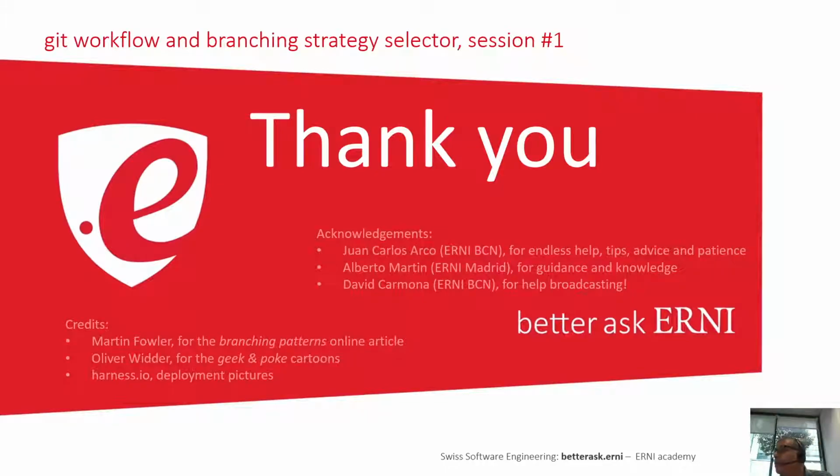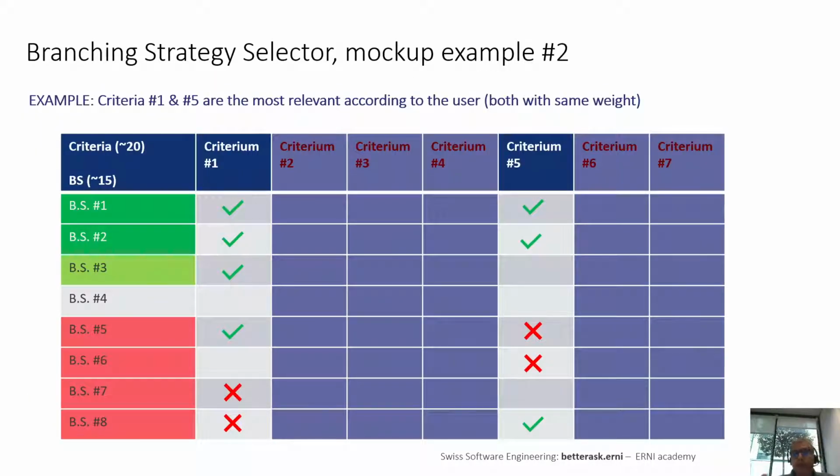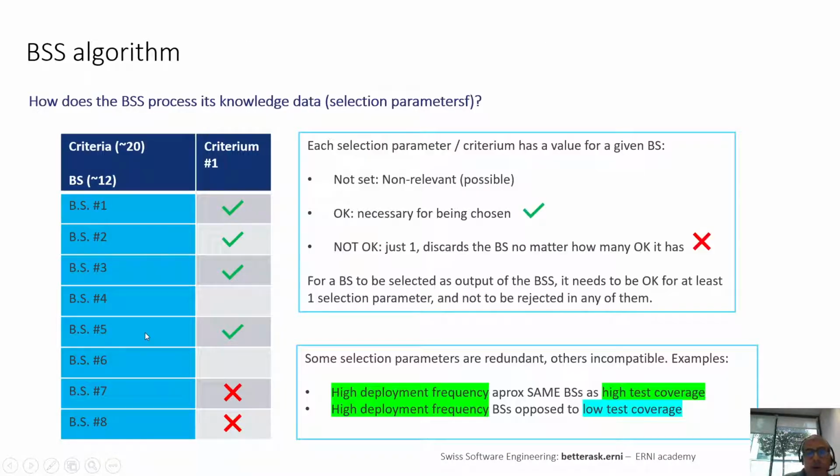Oh yeah, I have a question. What do you expect from the user by listing rejected branching strategies? Yeah, of course. Here the output is you can use the green ones, but you should not use the rejected ones. And why not?